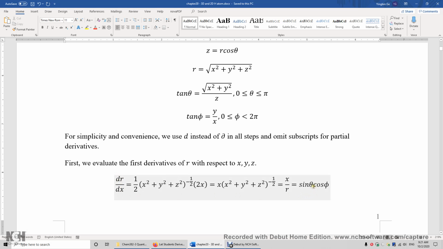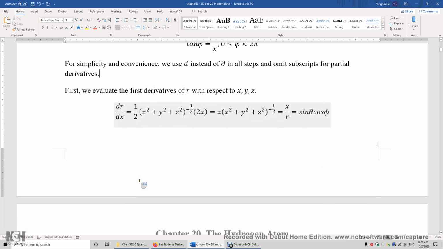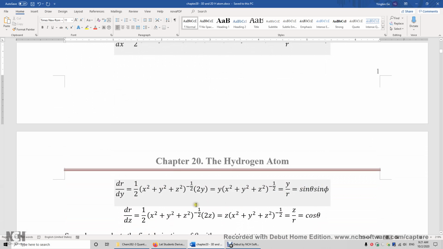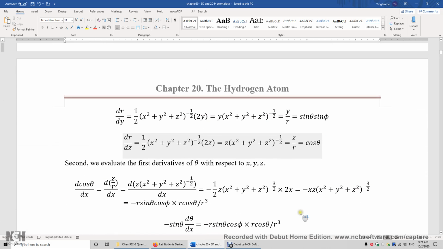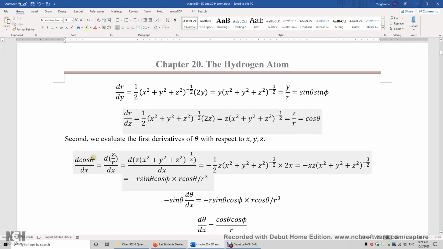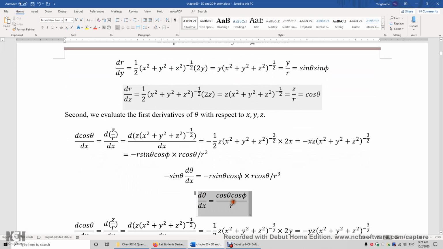The result is sine theta cosine phi. And we can do dr over dy, dr over dz. Now we're going to do d theta over dx. We cannot do that directly. We do d cosine theta over dx first. We got this expression. And d cosine theta is negative sine theta times d theta. And then we get the expression for d theta over dx.